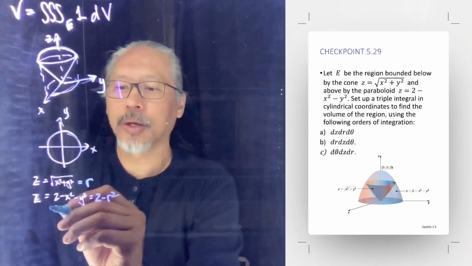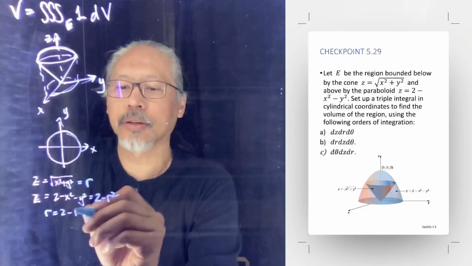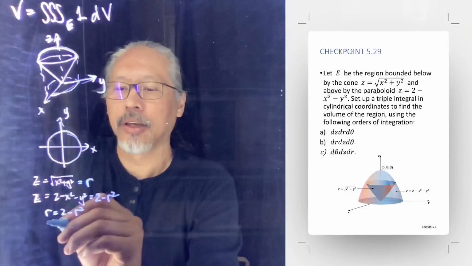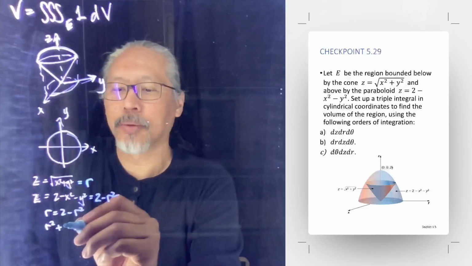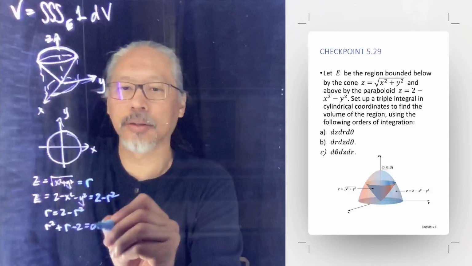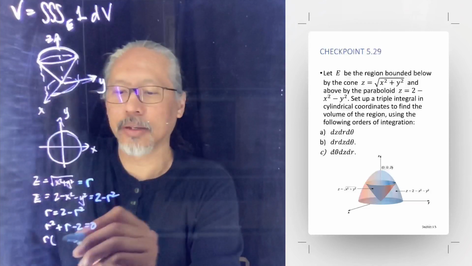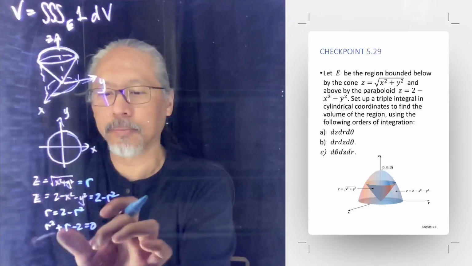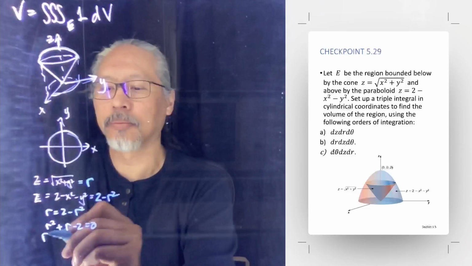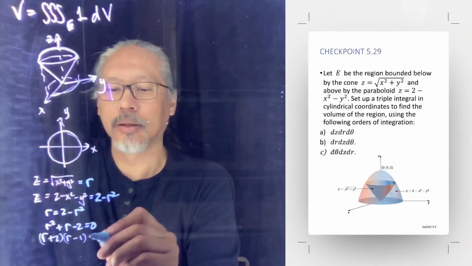And by setting them equal to each other, we would get r is equal to 2 minus r squared, and if we bring the r squared to the left side, that'll be r squared plus r minus 2 is equal to 0. This factors nicely into r plus 2 times r minus 1.